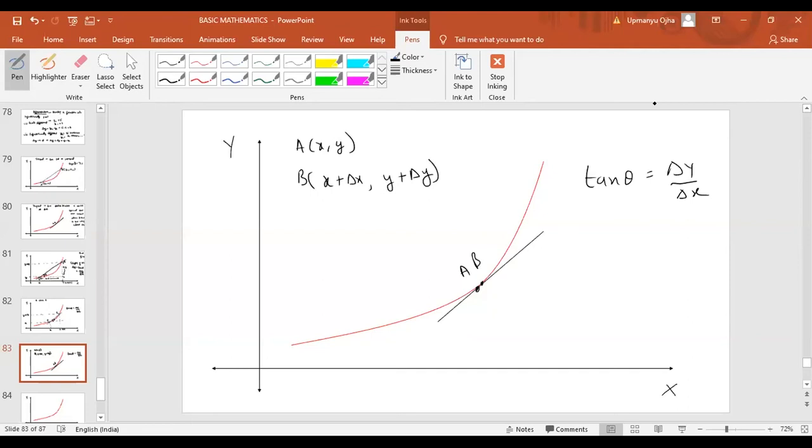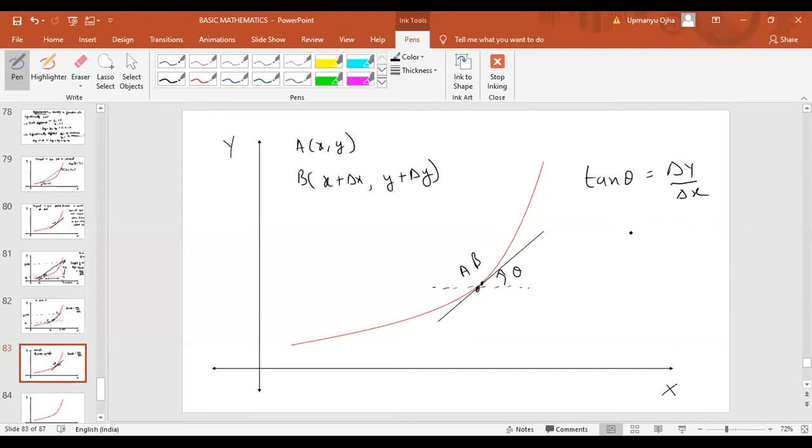Now, since A and B are very close to each other, if I draw the secant, it becomes tangent to the curve. Then the slope of that tangent is tan theta. Again, how to find the slope? You have to draw the horizontal line at point A and make angle theta here. Now, we can clearly see that we cannot distinguish A and B. Therefore, we can say that the delta y value is very small, and the delta x value is also very small.